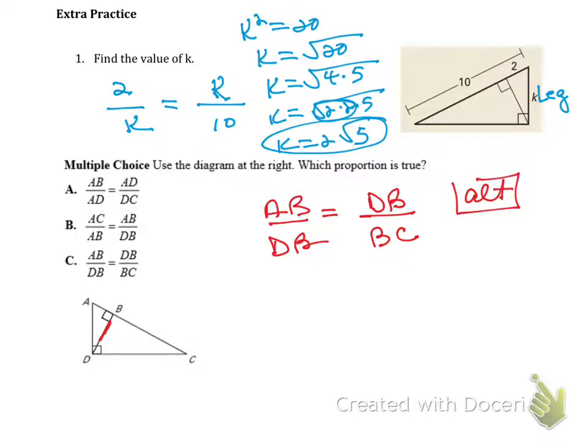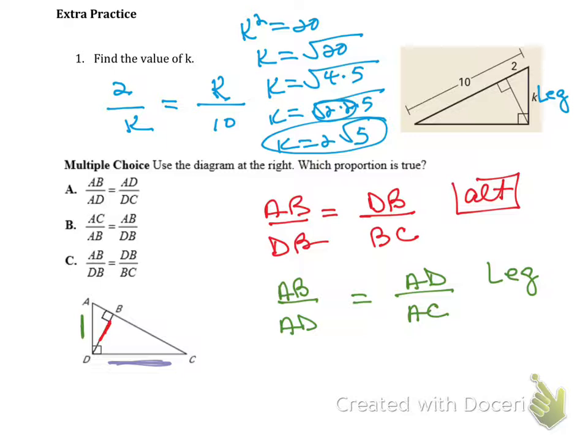Okay, then let's do a leg. So here's a leg right here. Put your leg in your geometric mean spot. This is AD, AD. It's the geometric mean between the piece of the hypotenuse adjacent to that AD and the entire hypotenuse. So this is a leg. Let's do a second leg, the purple.